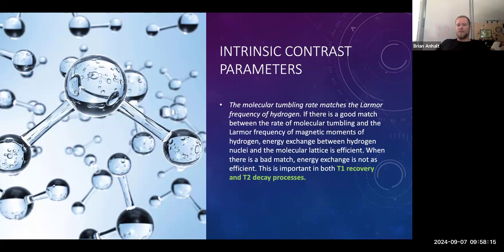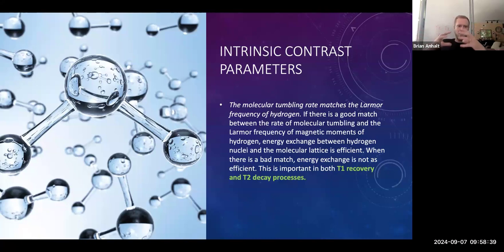So a couple things that affect intrinsic contrast is the molecular tumbling rate matching the Larmor frequency of hydrogen. Think about the molecular tumbling rate as kind of like the vibrational rate of a molecule. It's a little bit more complex than that, but you can kind of think about it like that. Like everything's kind of moving around at a particular rate. There's vibrational frequencies with all different types of molecules and atoms.